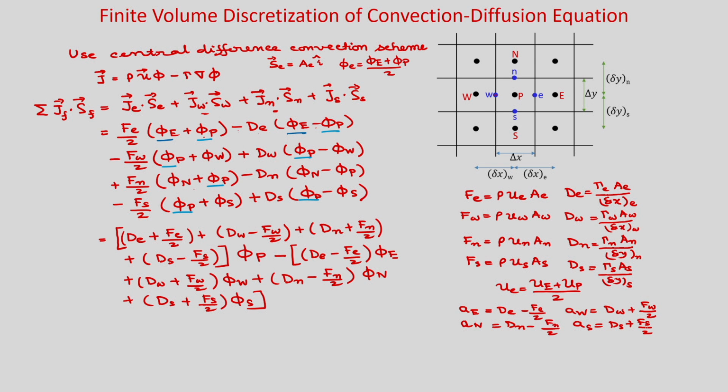Okay. So, you can see this term you can write as A e, okay. This is your A w, okay. This is your A n, and this is your A s.